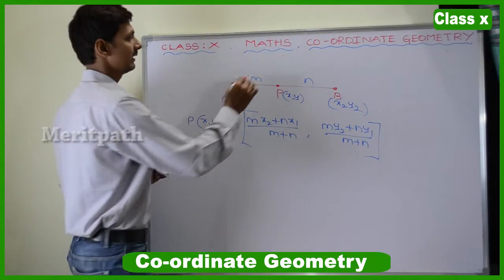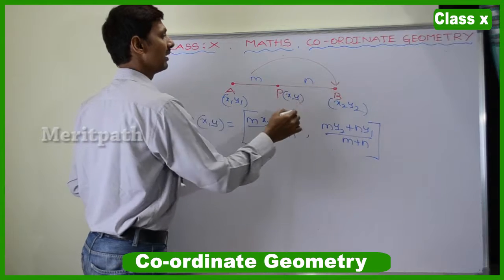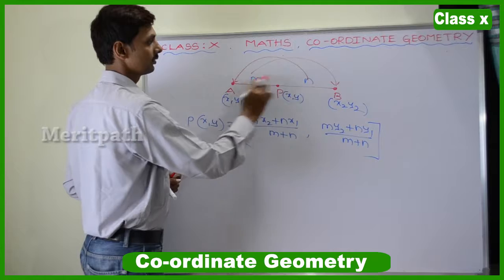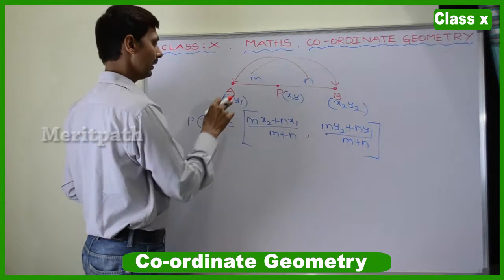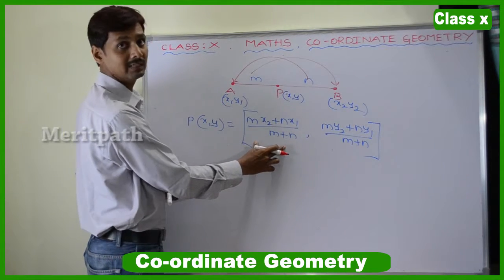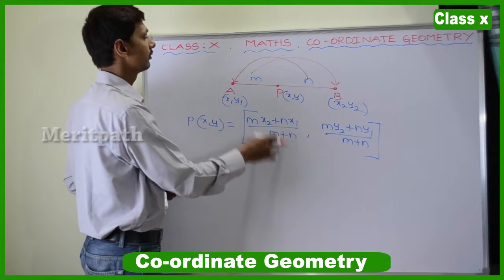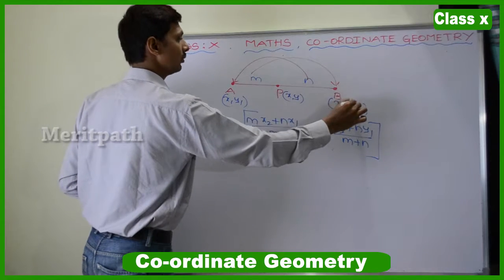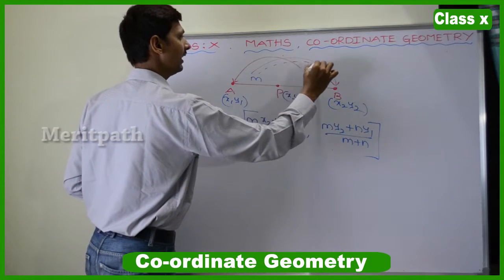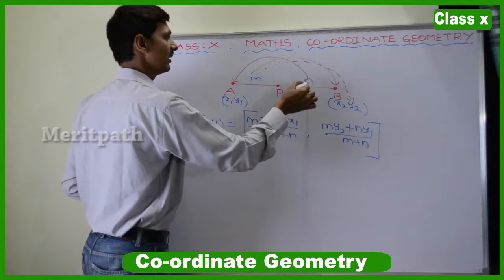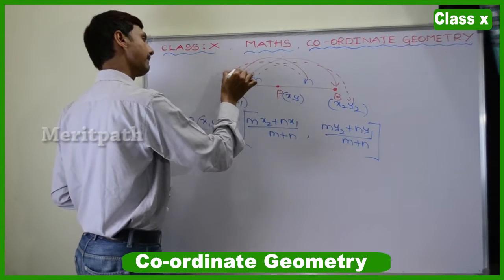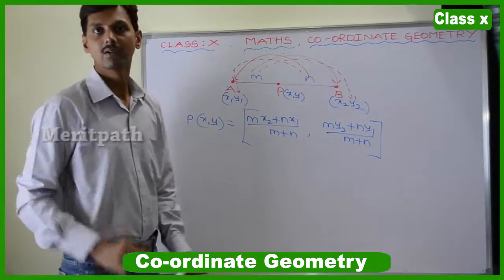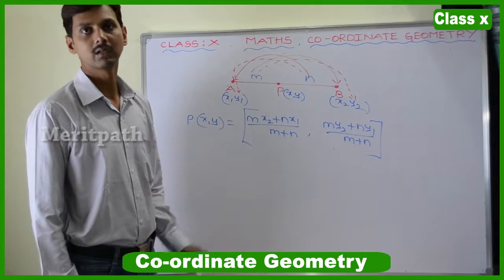Mx2 goes with x2, and nx1 divided by m plus n is common for both. Similarly, m goes with y2 plus n with y1, by m plus n. So this is the section formula we have learned previously.